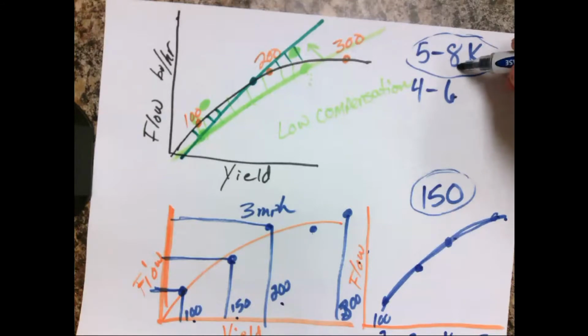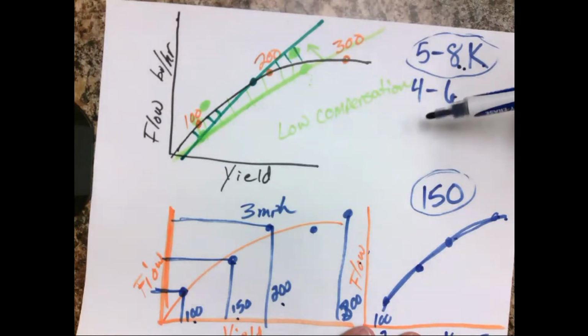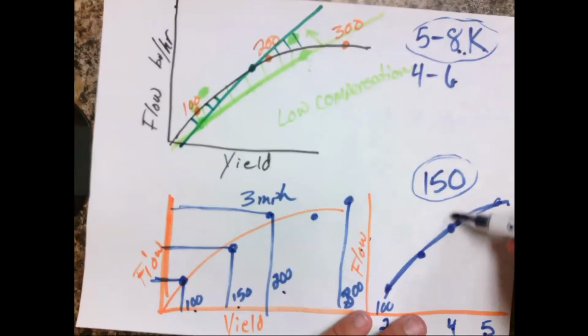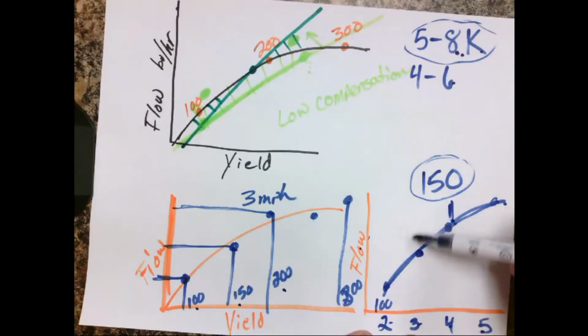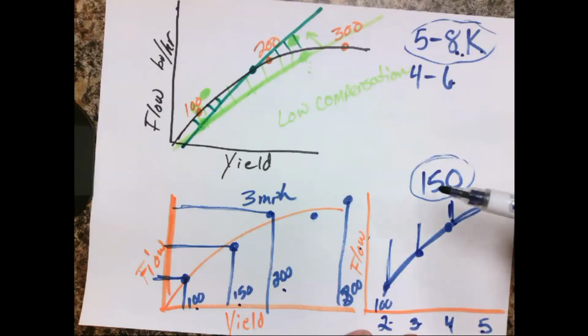The reason we do 5 to 8,000 pounds, which is very, very critical, is because we're training that flow sensor, whether it's an optical sensor or a pressure sensor. We're putting a certain amount of flow, the flow that it's going to see at 150 bushel, the flow that it's going to see at 100 bushel, the flow that it's going to see at 200 bushel, against that sensor.